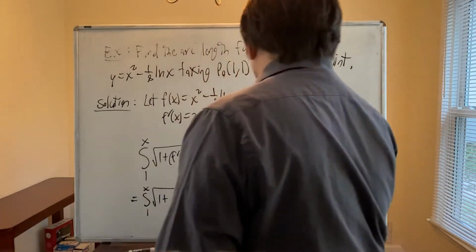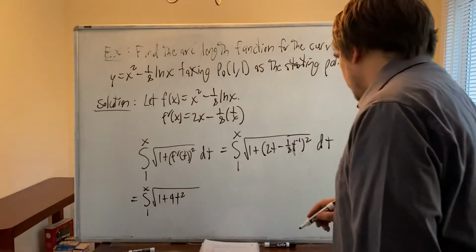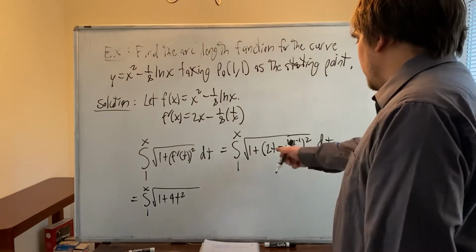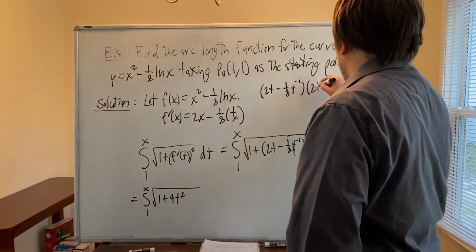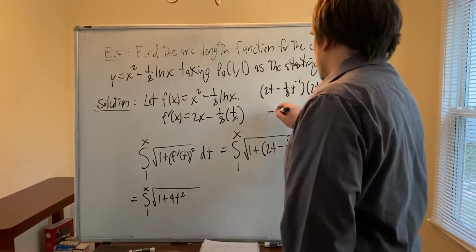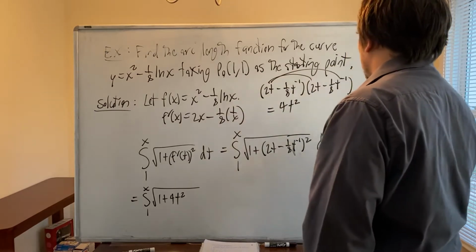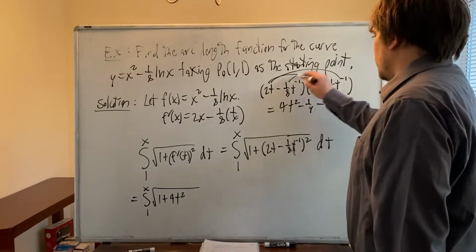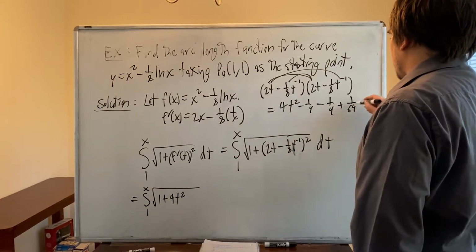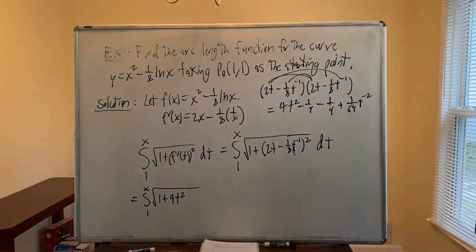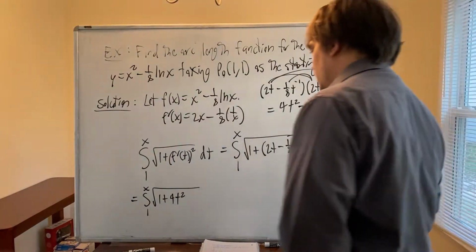So that's 1 plus this squared, which is 4t squared. And then you FOIL this out. So if you do 2t minus 1/8 t to the minus 1 times 2t minus 1/8 t to the minus 1, that's equal to this times this, which is 4t squared minus 1/4 minus 1/4 plus 1/64 t to the negative 2. Okay? And so you combine the minus 1/4 and minus 1/4 to get minus 1/2.